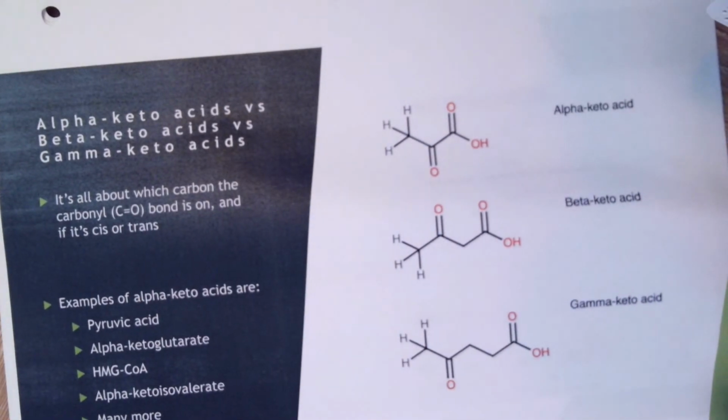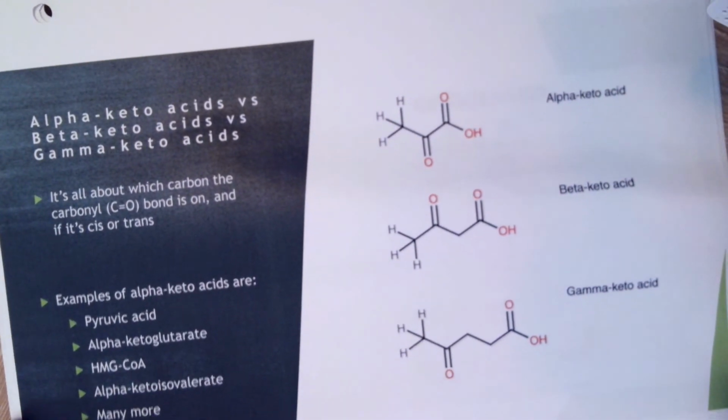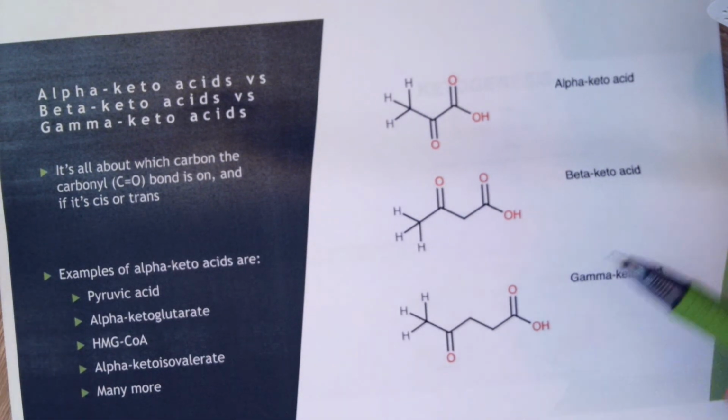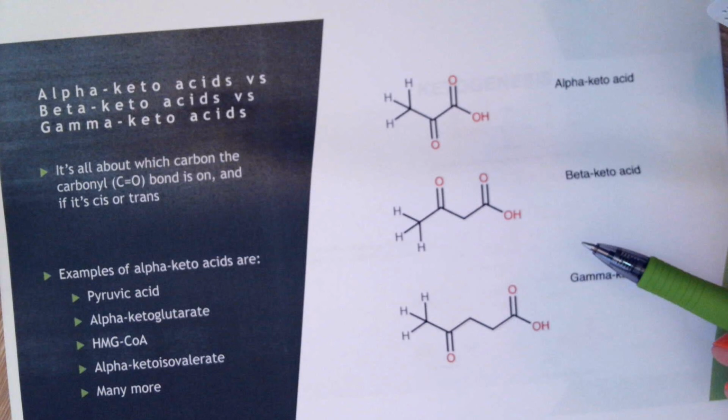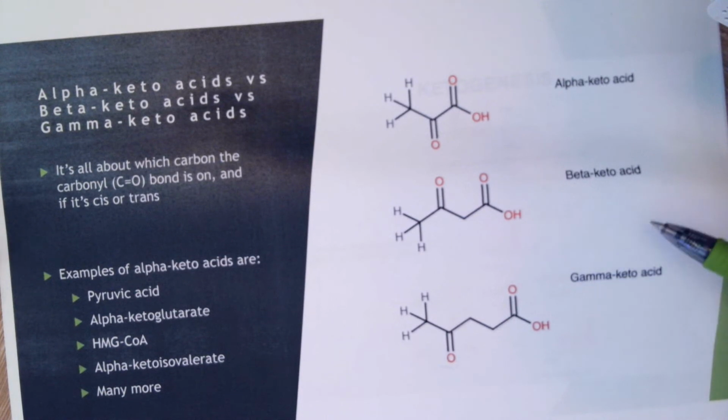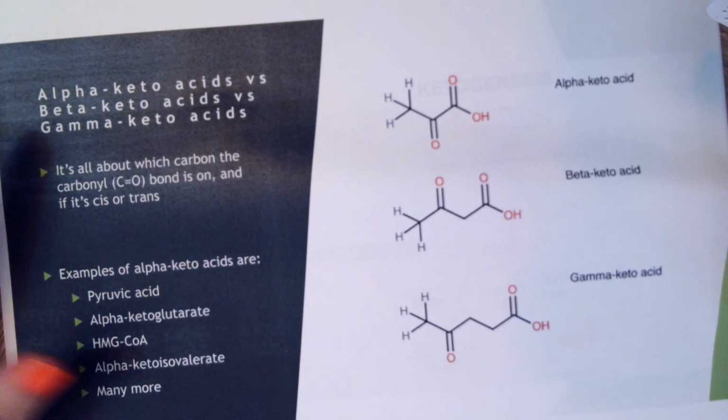So for our description of whether a keto acid is an alpha keto acid, a beta keto acid, or a gamma keto acid, we are thinking about what number carbon that double oxygen bond is on, and also if it's on the same side of the molecule.